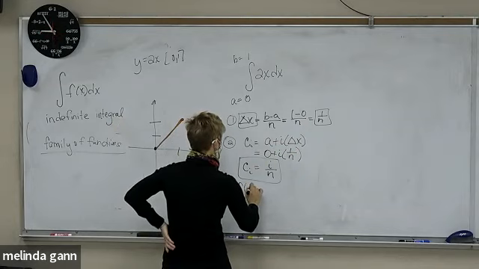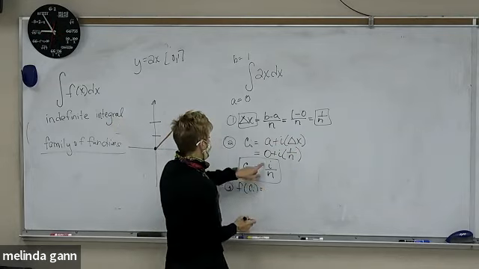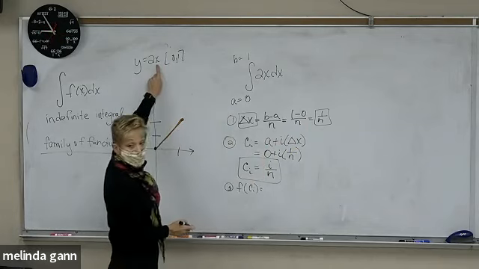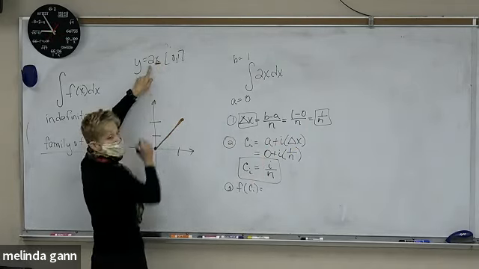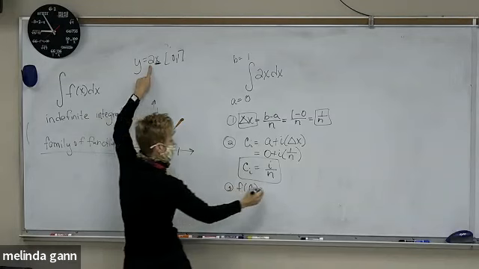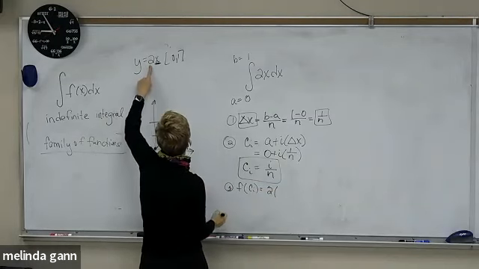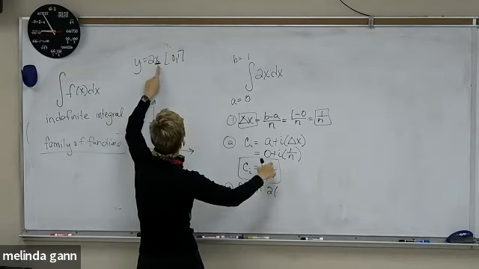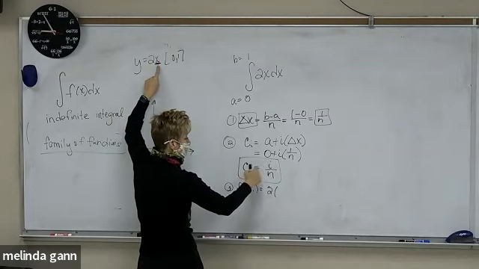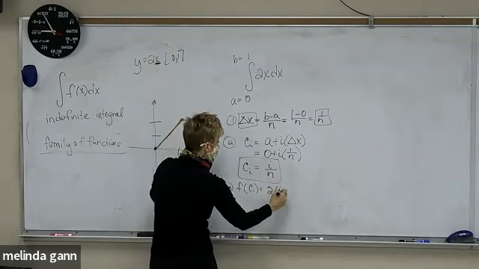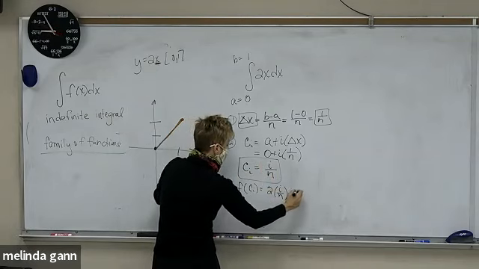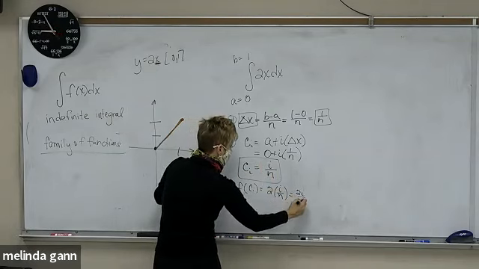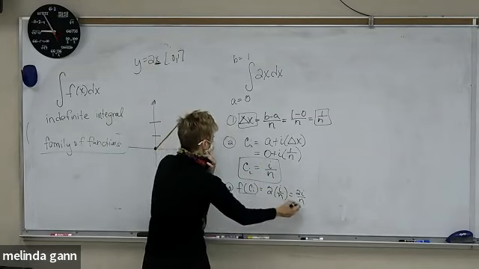F of c sub i. So I take this and put it in place of x. So here's my x. So what am I going to have? 2 times what? What am I putting in for my x? i over N. So what's that get me? 2i over N. There's my f of c sub i.